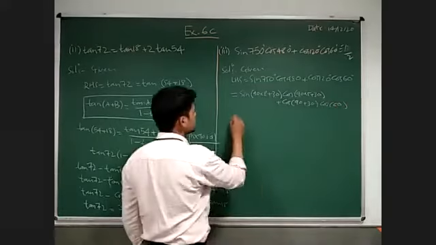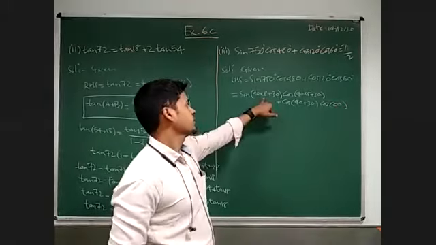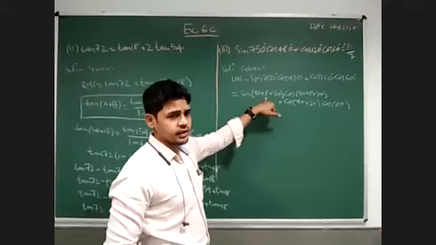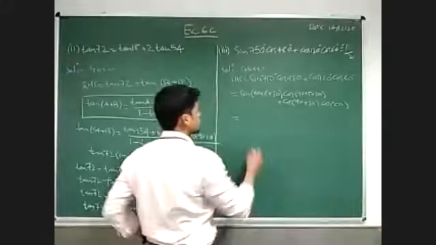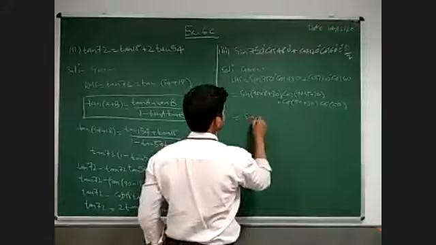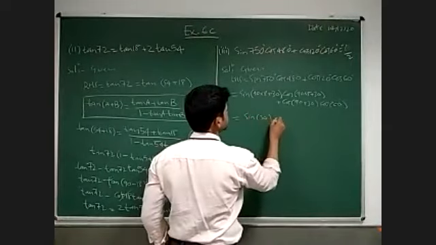Okay, so here n is even, and this is coming in the first quadrant, so this will be sin 30.